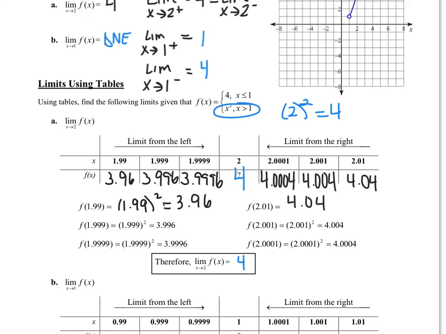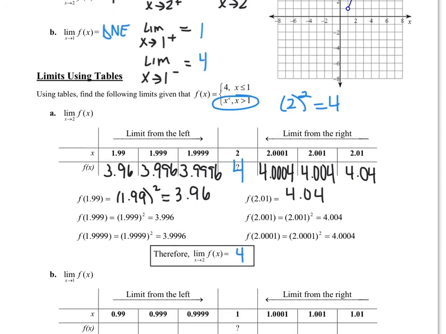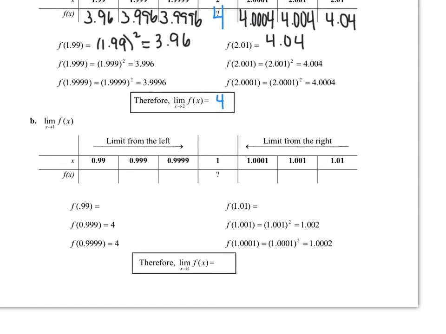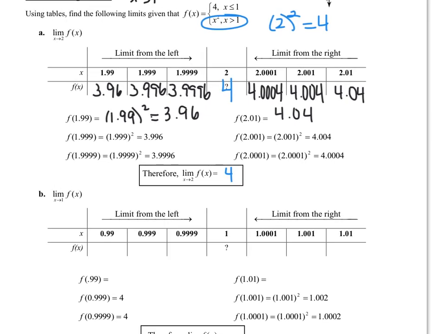So now let's see if we could do the next example as x approaches 1. What we're going to try to do is prove that the limit does not exist. So we want to see the limit as x approaches 1. Notice this is where x is less than or equal to 1.